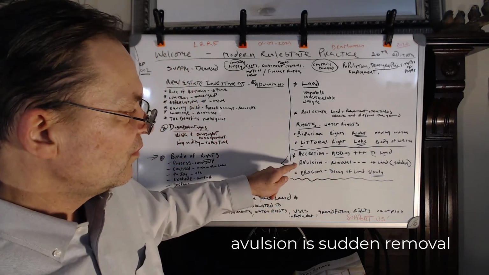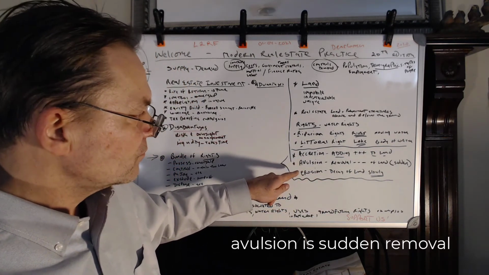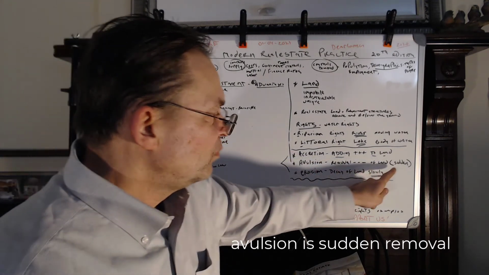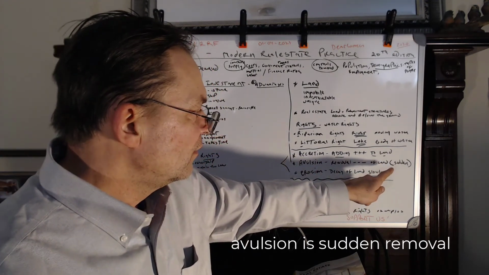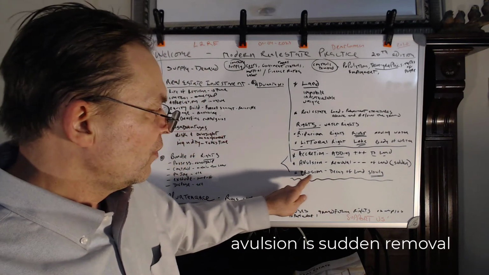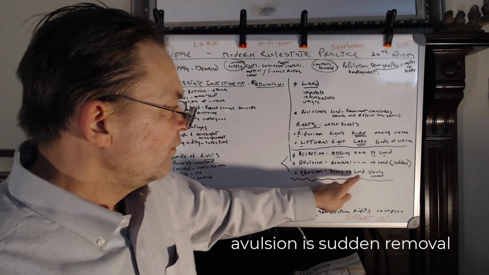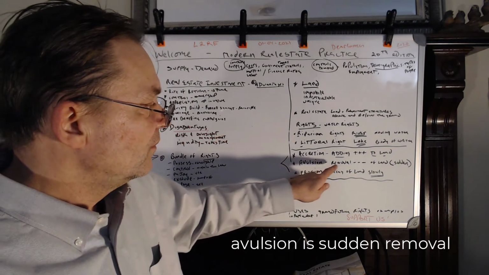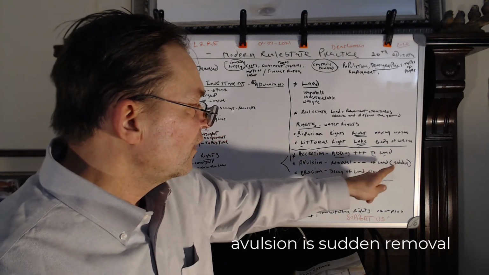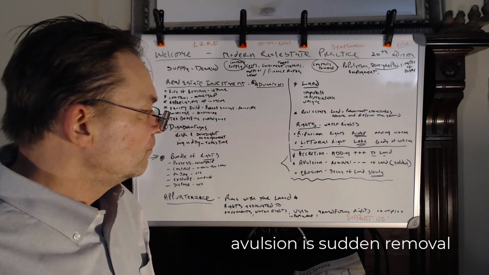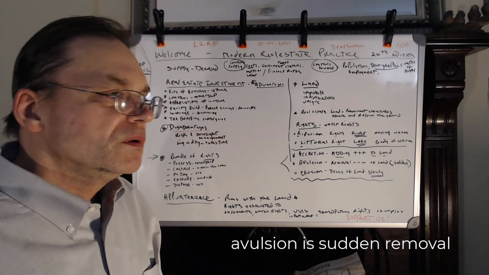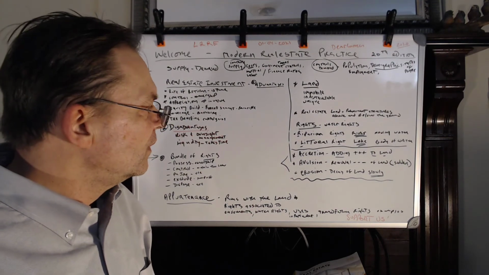Now the difference between avulsion and erosion has to do with the speed of the removal. Erosion is a decay of land slowly, and avulsion is a removal of land suddenly. So a big washout, a big storm.